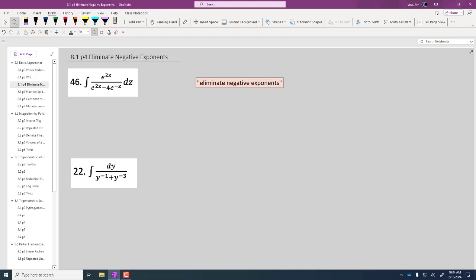What do we do? We multiply by 1. Multiplying by 1 is how you change the look of something without changing the value. You change how it is presented, but you're not changing the value of anything. So we're going to multiply numerator and denominator by something to eliminate the negative exponent.